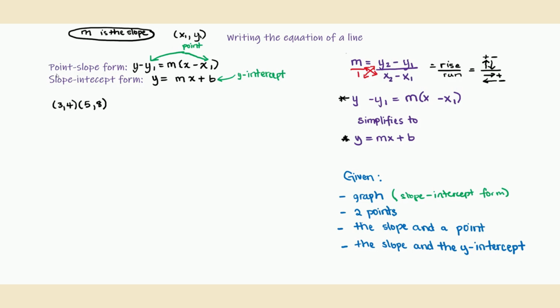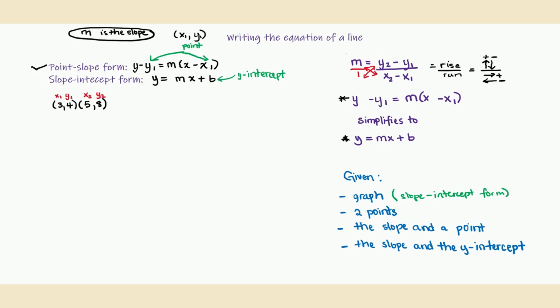Now, of course, since you have points and you have to find the slope, point slope would probably be the better one to use in this case. Let's though find the slope using the formula. Every point is in the form x comma y, and so you must label them set 1, so x1, y1, and then set 2, x2, y2.